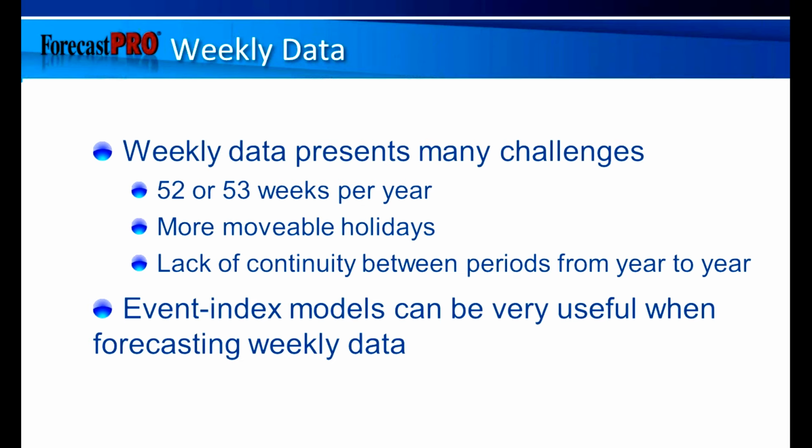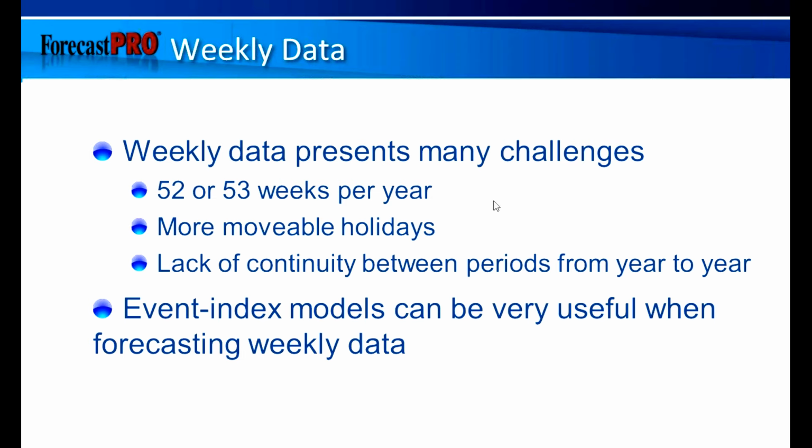It tends to be really noisy, and there's also a lot of promotions in weekly data frequently, so you end up having a lot of events when you're using weekly data. Weekly seasonality can also really complicate a model since there are 52 seasonal indexes to measure.